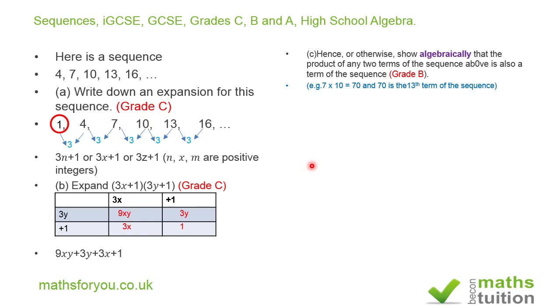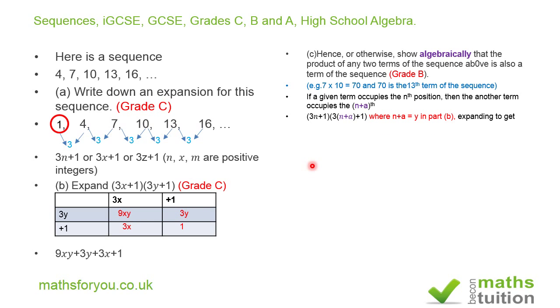It says algebraically. So now, if you look at a term that occupies the nth position, and a term that occupies the n plus a position, if that makes sense. Okay, so we end up with 3n plus 1, which is the general expansion from part A, multiplied by 3 times n plus a, plus 1, which will be the number that occupies the n plus a position.